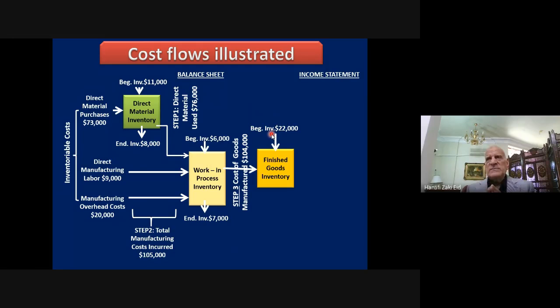When these goods, new production, are sent to outlets, the outlets have beginning inventory of units which were not sold in the last period. So this new production will be added to beginning inventory of finished goods, which we assume is 22,000.